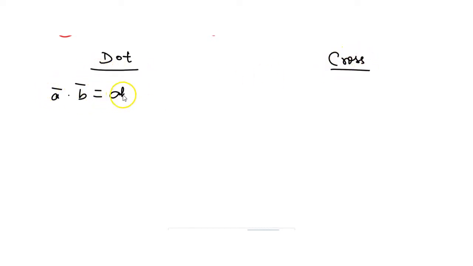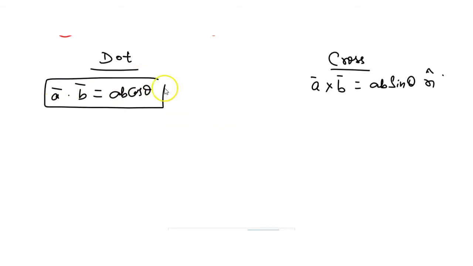So we saw one way to find the dot and the cross product. What was that way? We used A dot B as AB cos theta and A cross B as AB sin theta n cap. Now another way: remember we can only use these ways if the magnitudes of the two vectors and the angle are given.